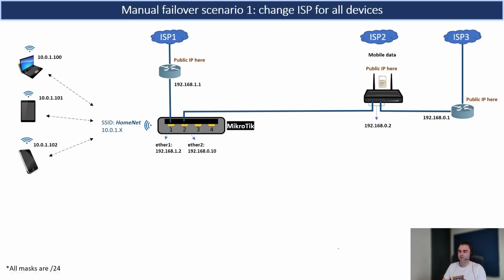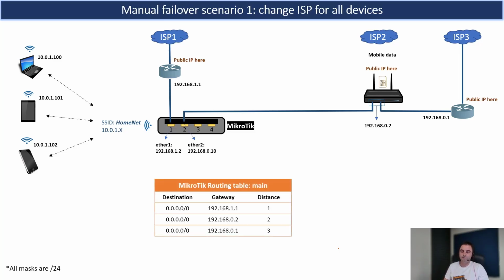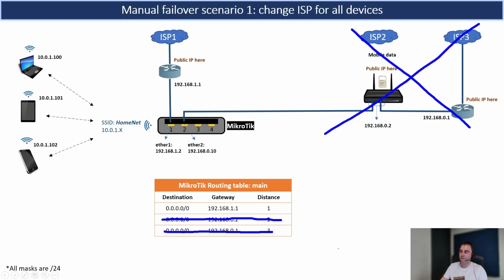Maybe you already can imagine what is the next part, and the next part is actually the routing table. And the routing table is just like three default gateways. So what I had before, if we forget for a second about these, normally my clients have 10.0.1.x and they have 10.0.1.1 as their default gateway, which is going here to the MikroTik.